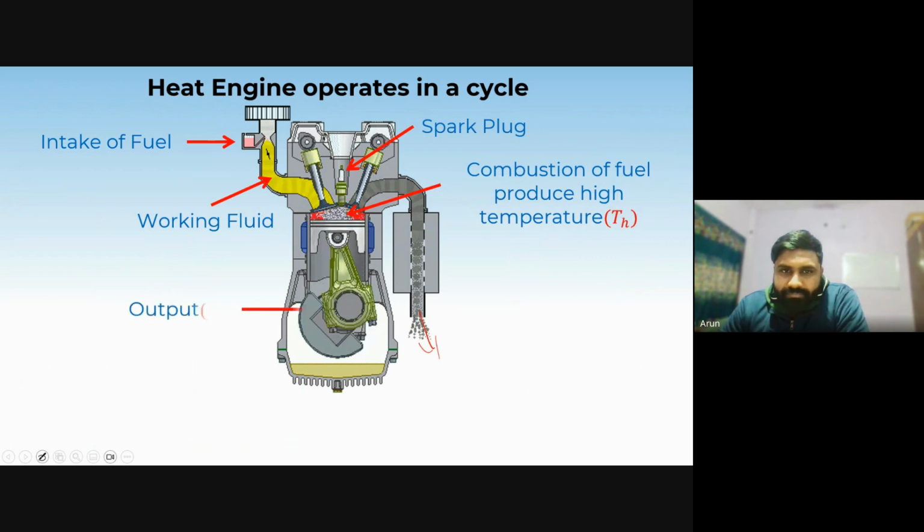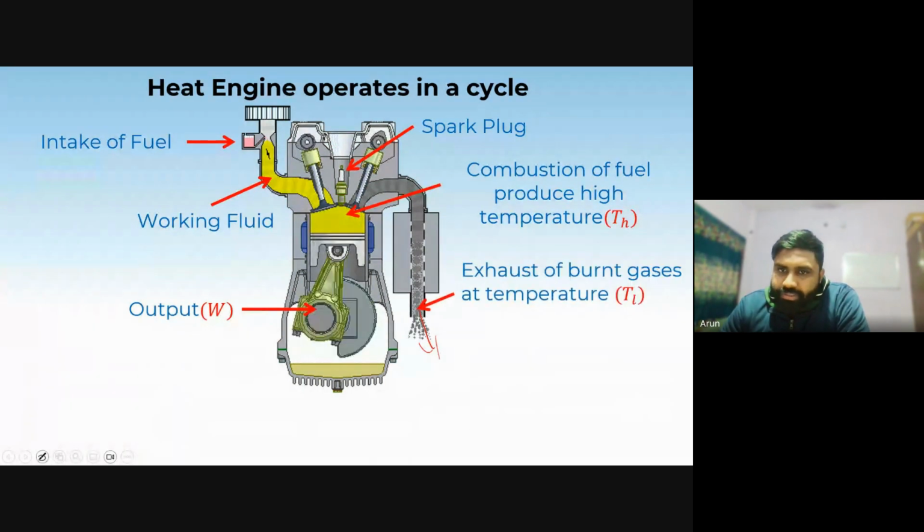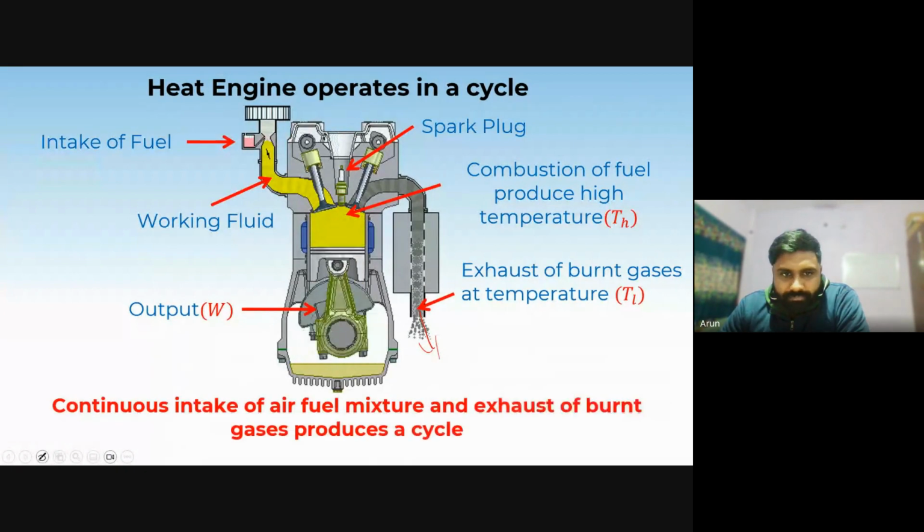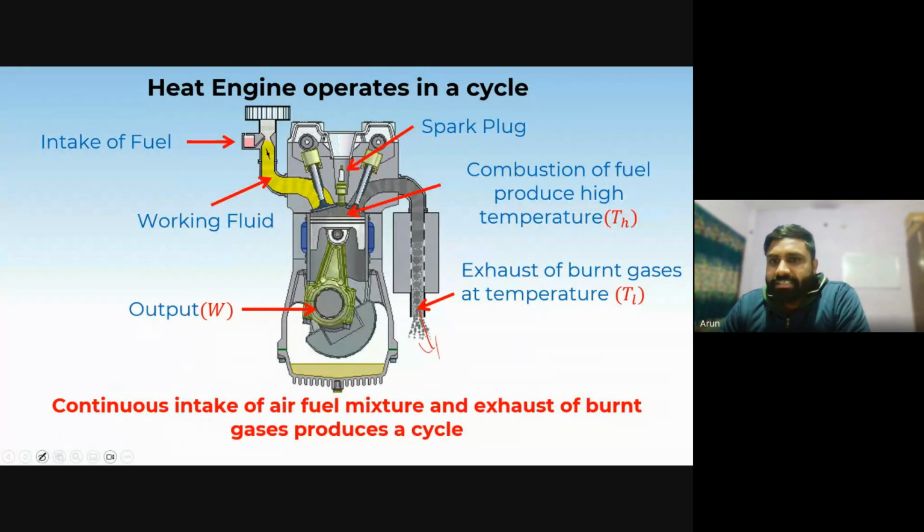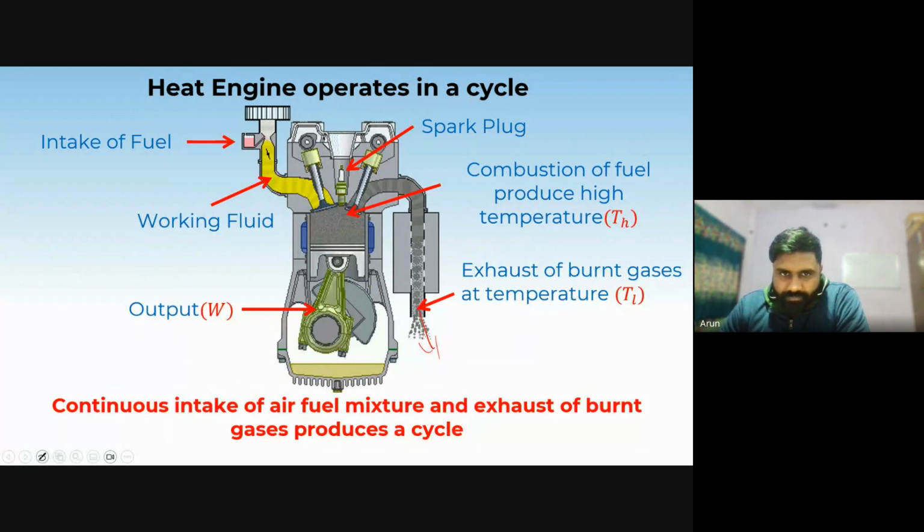Okay. Then as output we have here an exhaust of burnt gas at temperature TL. Got it? So this continuous intake of the air-fuel mixture and exhaust of burnt gases produces a cycle. So it will seem that it is working in a cycle.